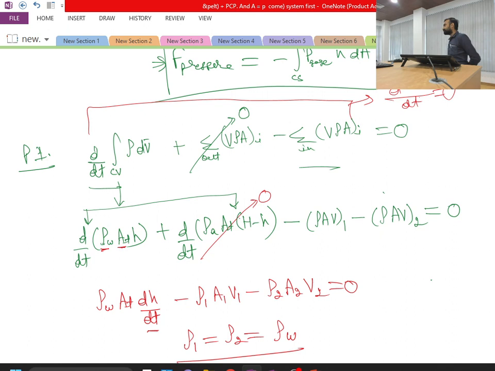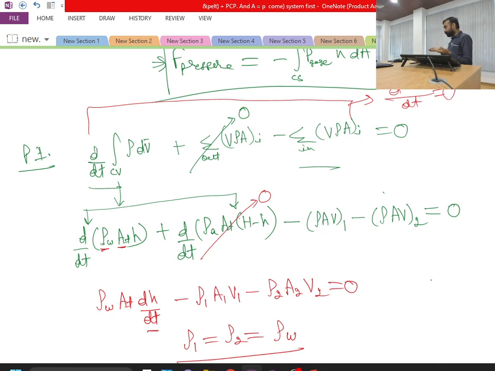Sir, in this case, how is it 0? Means rate of change of mass of the system, dm system by dt, how is it 0 in this? That is the difference over here. Whenever I am talking about dm system by dt, I am considering the control mass approach.